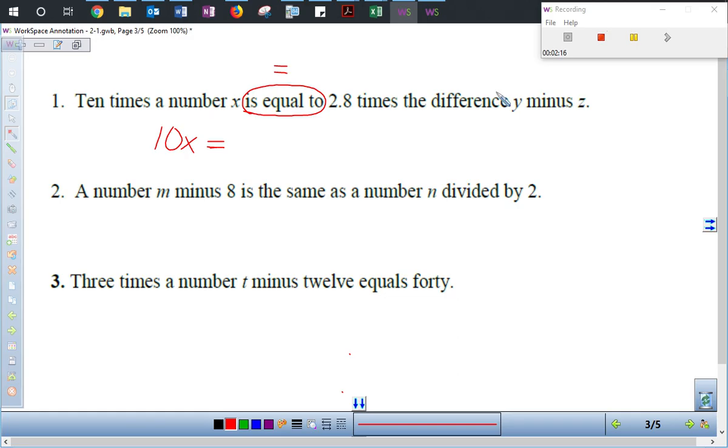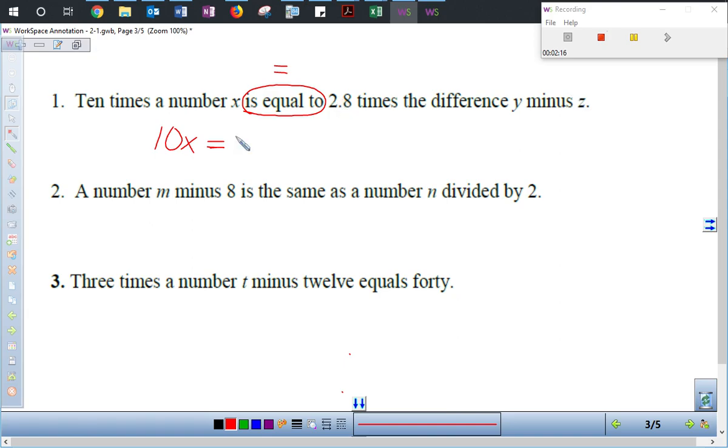Now, when you see an algebraic equation and it says times the difference or times the sum, that's the same thing as if you were to say times the quantity of, and then whatever comes after goes in the parentheses.